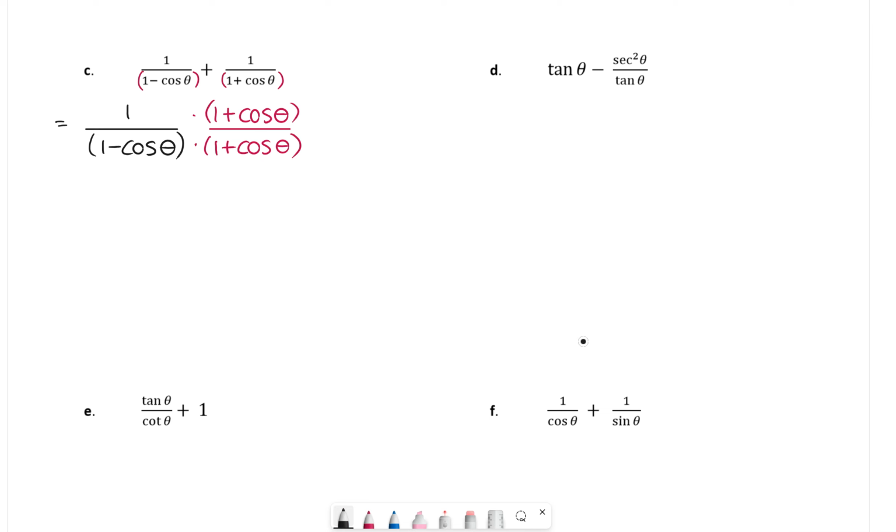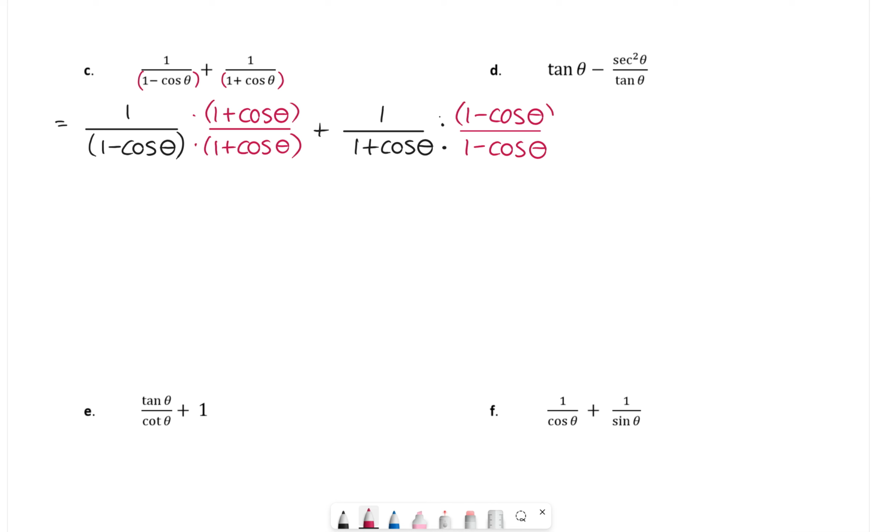And then we're going to do plus, write the other denominator, 1 plus cosine theta, and put the numerator of 1, and I need to multiply top and bottom by the other denominator of the first rational, and it's going to be 1 minus cosine theta over 1 minus cosine theta.